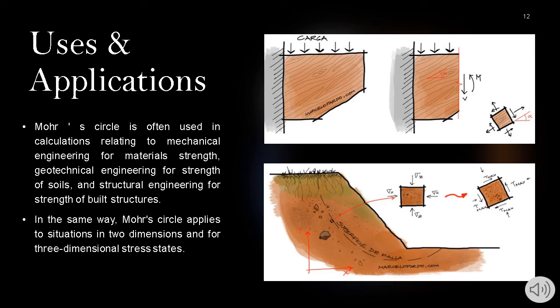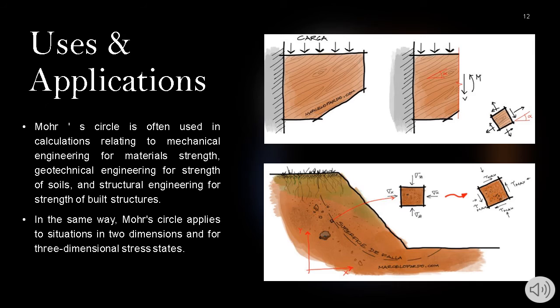In image 2, we can see another of its applications in the study of soils in the creation of slopes. Slopes mark a difference between the thickness of the lower sector of a wall and the thickness of the upper sector. This allows the wall to withstand the pressure of the ground behind it.